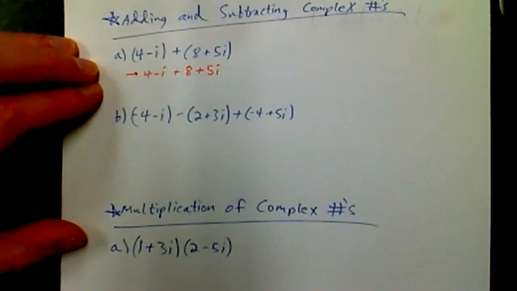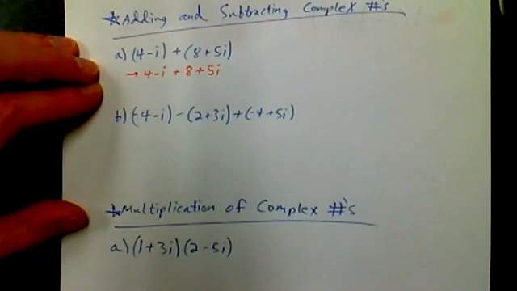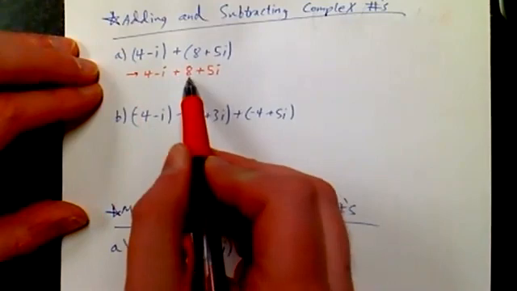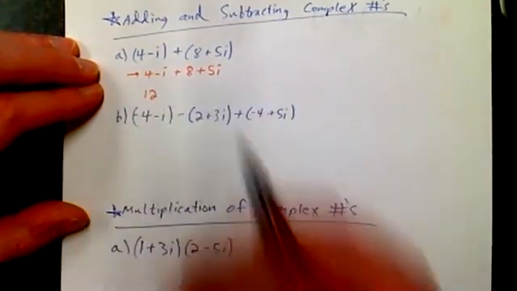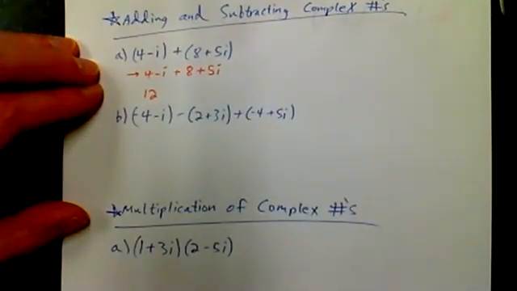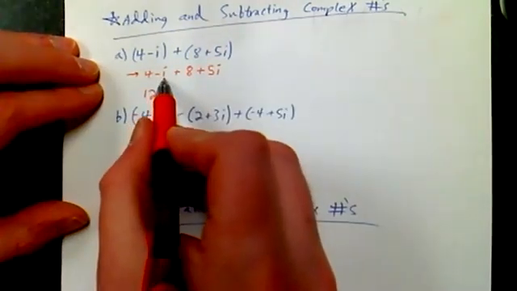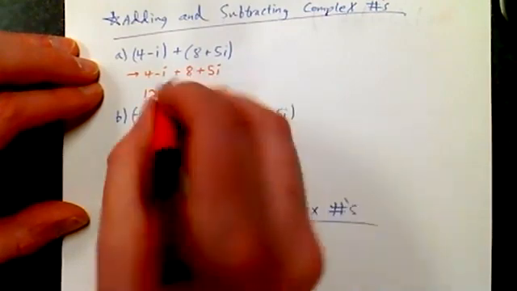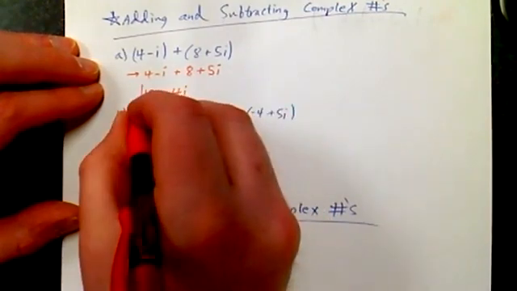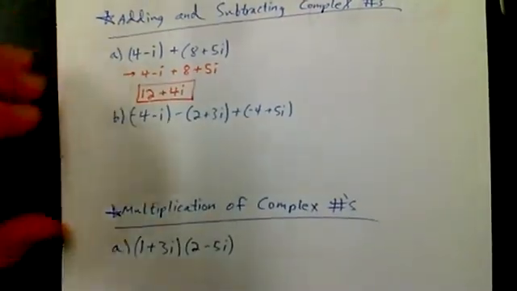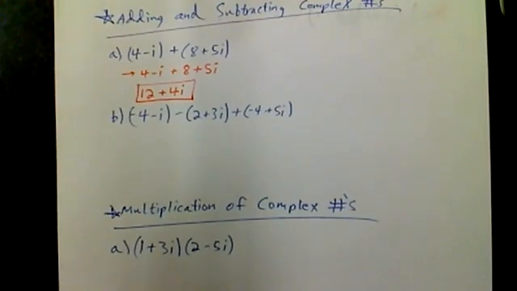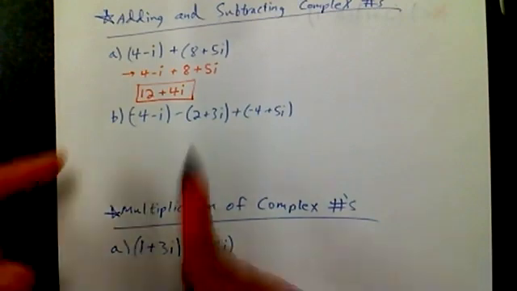So I got 4 minus i plus 8 plus 5i. Well, I got a 4 and an 8, so I got a 12. And I got negative i plus 5i. That's 4i. All right. And look at that, that's in our standard form for complex numbers. Pretty simple. Okay. Let's try this one.